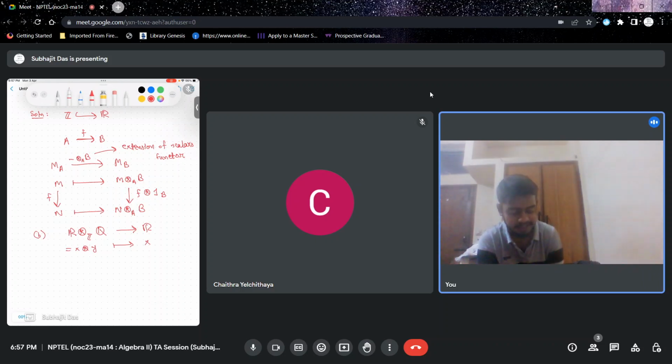It could happen that x tensored y is the same as, let's say, a tensored b, where a and x are different. In that case, the map can't be well defined, right? So the projection will not work here. So what isomorphism of R tensor over Z with Q into R are you going to take?